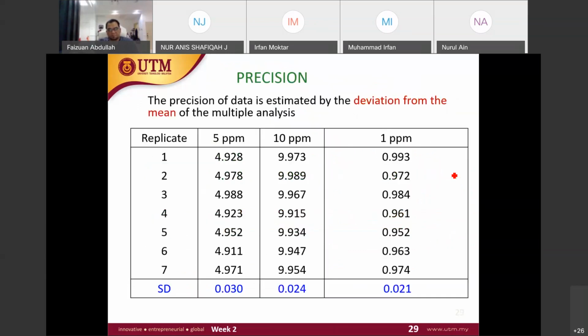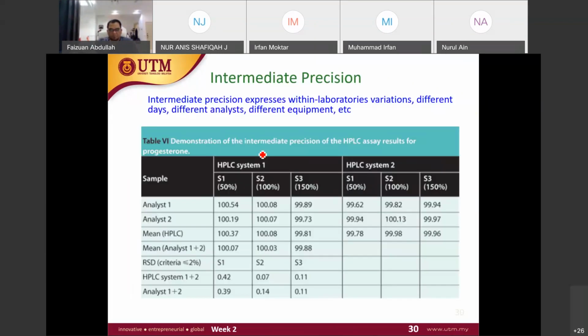This is the precision, estimated by the deviation from the mean of the multiple analysis. Intermediate precision is expressed as within-laboratory variation: different days, different analysts and different equipment.